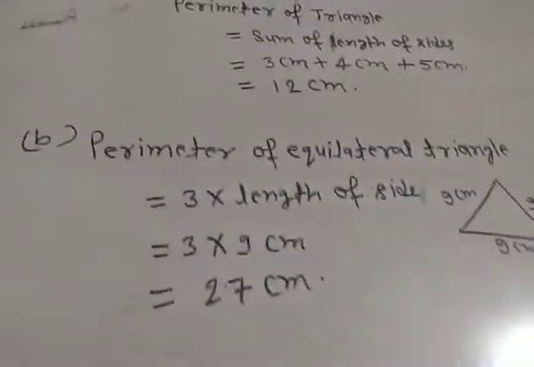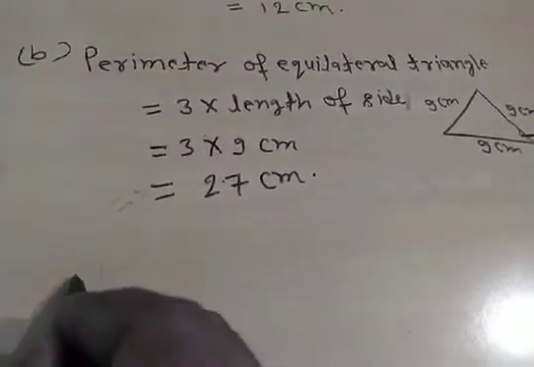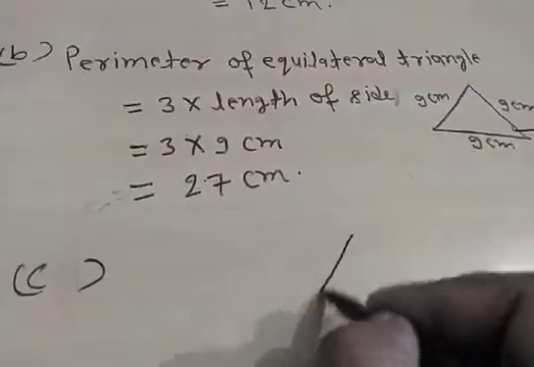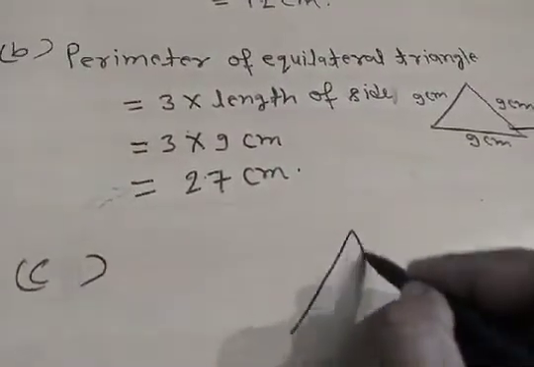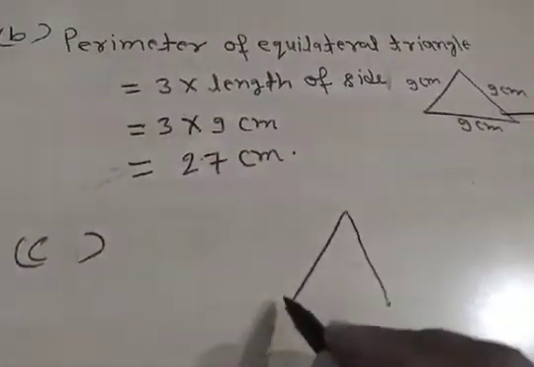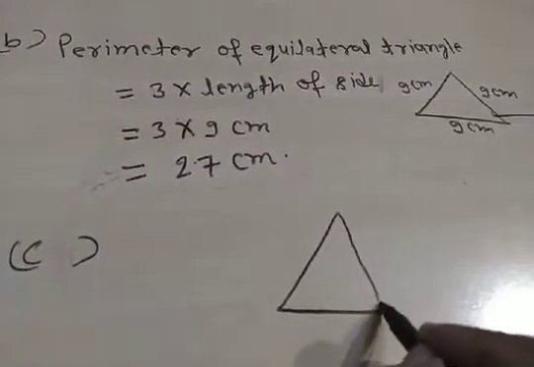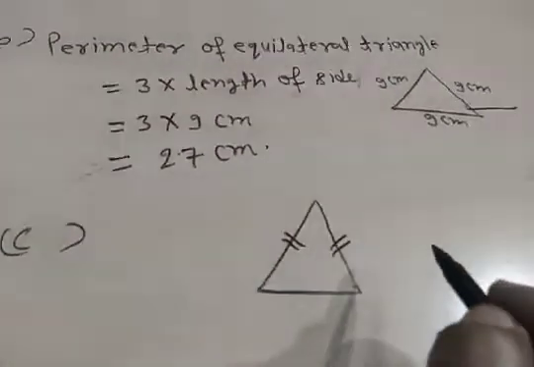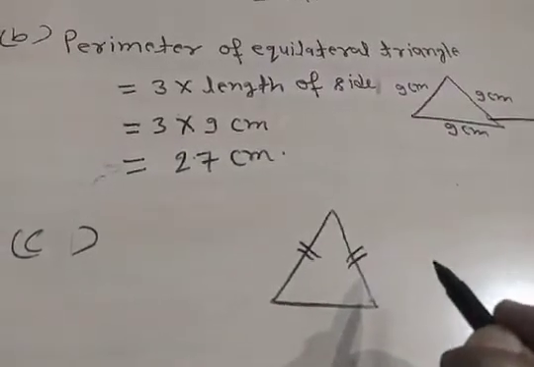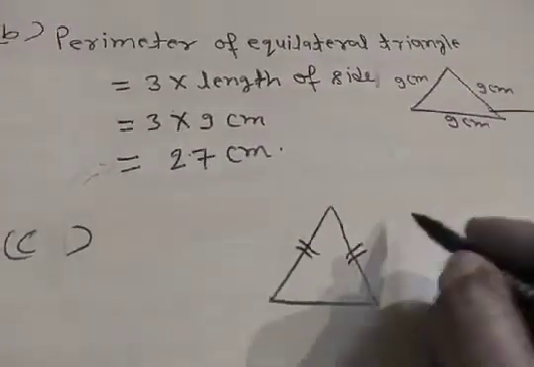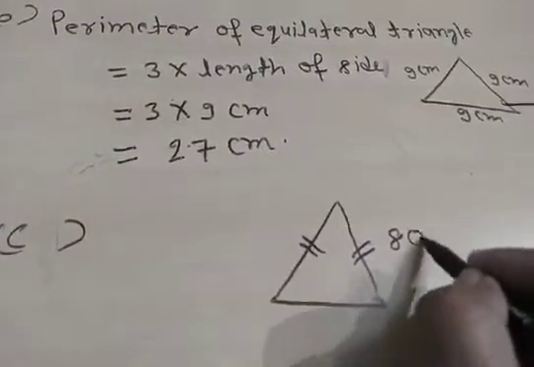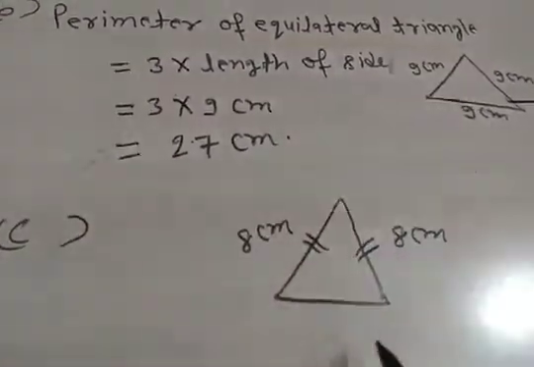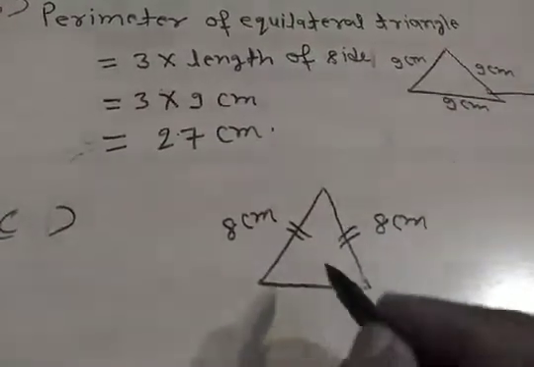Now the C part is an isosceles triangle. Suppose this is an isosceles triangle. This side is equal to this. In an isosceles triangle, two sides are equal. Here the equal sides are given as 8 centimeter. This is also 8 centimeter, and the third side is 6 centimeter.